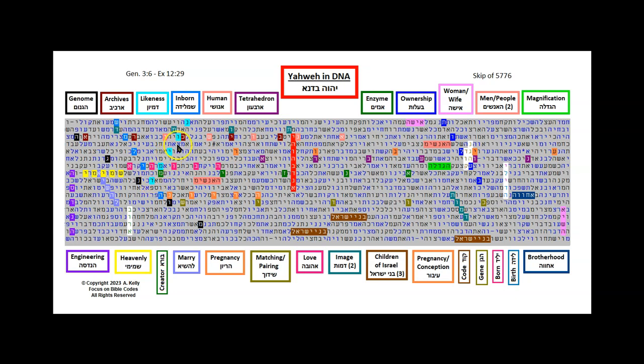So likeness is crossing over image. Twice in the plain text of Scripture we have the word for men or people, here in the peach. And twice we have woman or wife, and it's here in the first row in our matrix. And it's also here at the same skip as our access term.